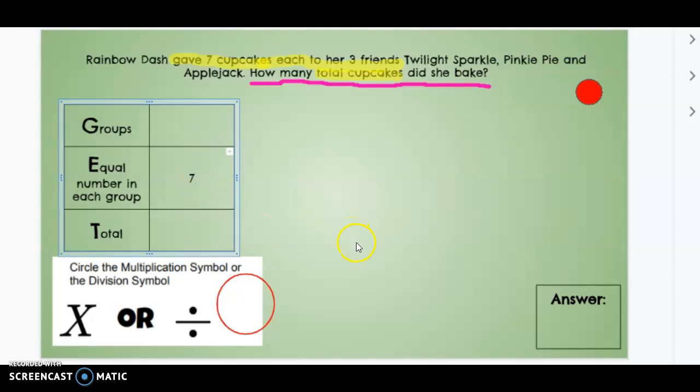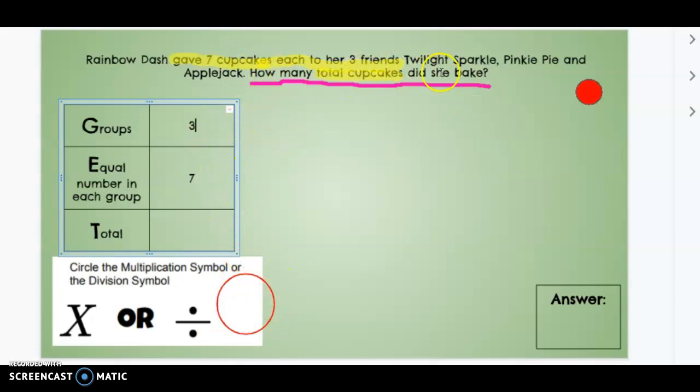So if that's what you said, awesome job. Okay, to her 3 friends. Is 3 friends going to be my groups or my total? If you said groups, you got it correct. Your 3 friends are going to be your groups.